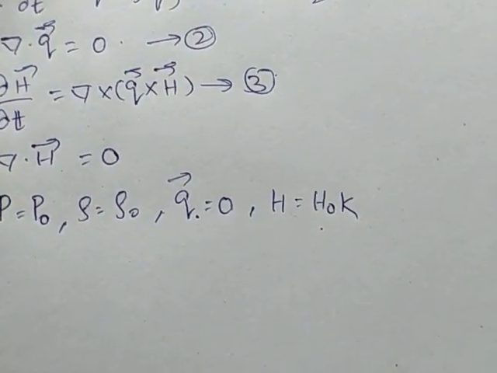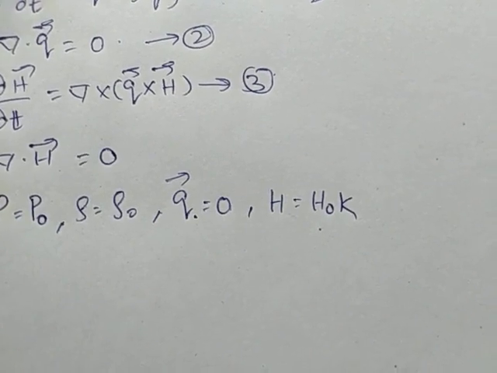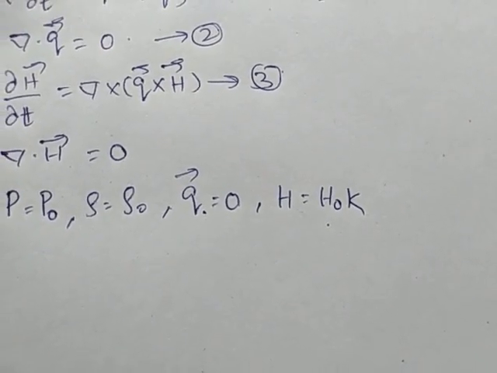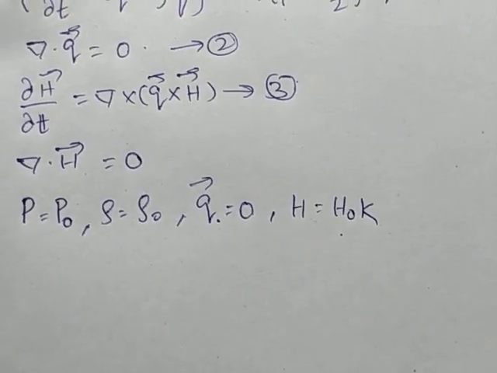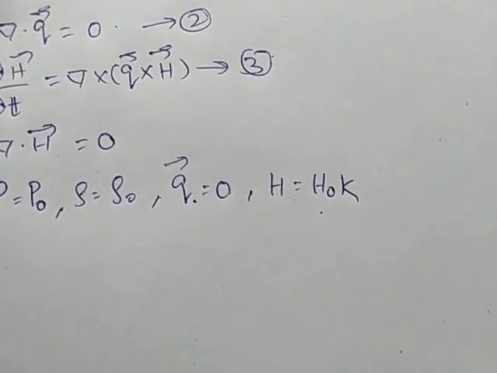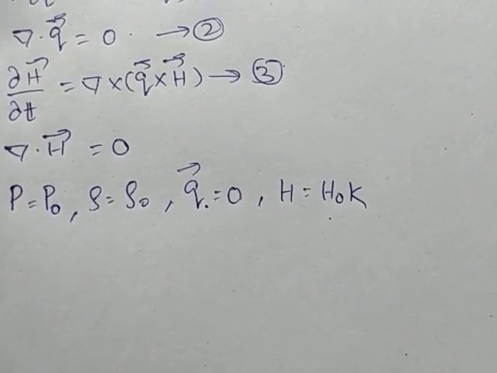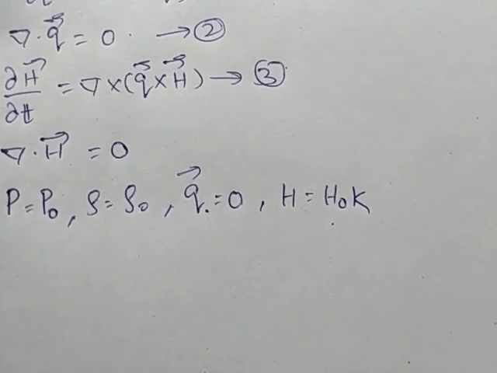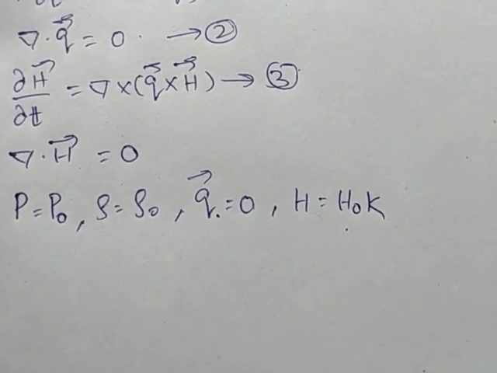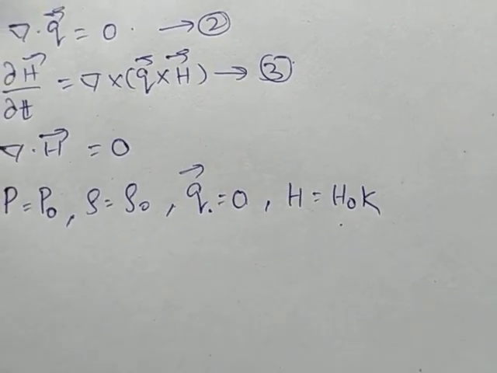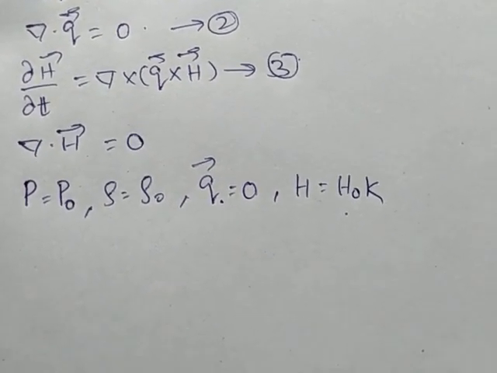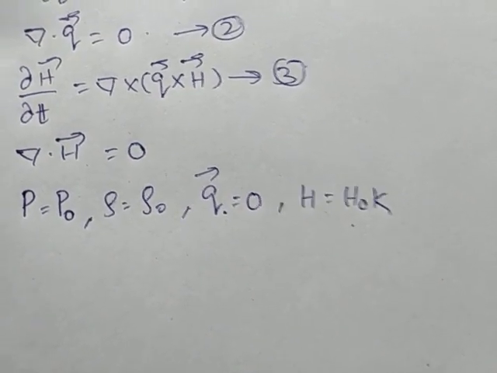We are applying a small disturbance to the basic state. We say it is a perturbation to the basic state to generate waves. Primarily the fluid is at rest, therefore velocity is 0. We are perturbing the basic state to generate the waves.